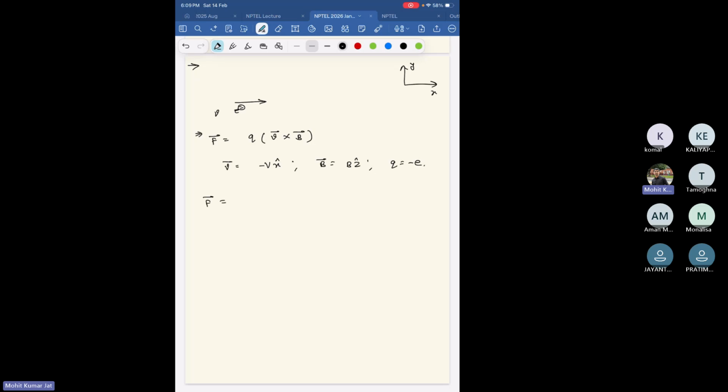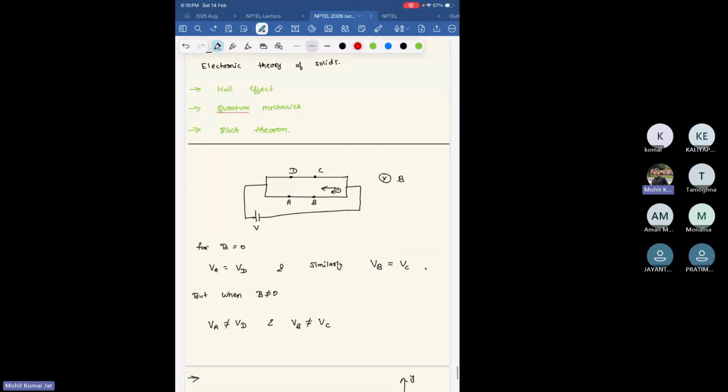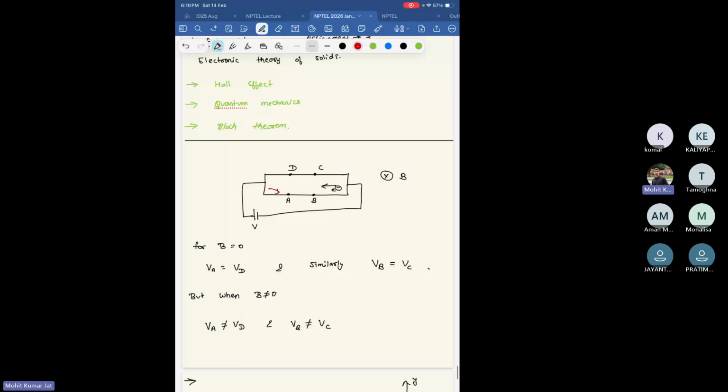Then the force will be minus e, V is minus V, and B, and x cap cross z cap. This is nothing but eVB, and x cap cross z cap will be minus y cap. So in that case, electrons will drift toward this end.